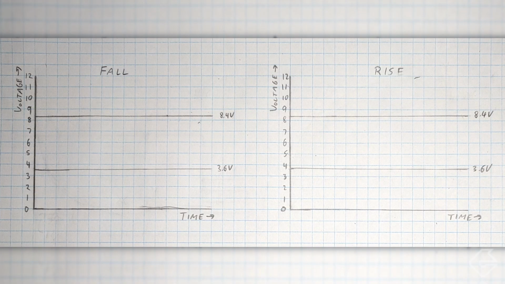I have two charts over here, a fall chart and a rise chart. These charts are going to help us determine the size of those resistors. Now, what we know is that Rxf has to be the smallest resistor possible, and Rxr has to be the biggest resistor possible. So the question is, how small and how big? Well, we can start from either end, but I chose to start from the small end, and here's why.